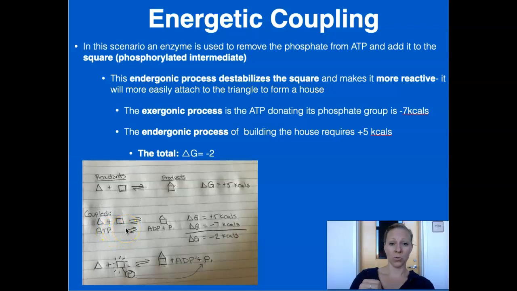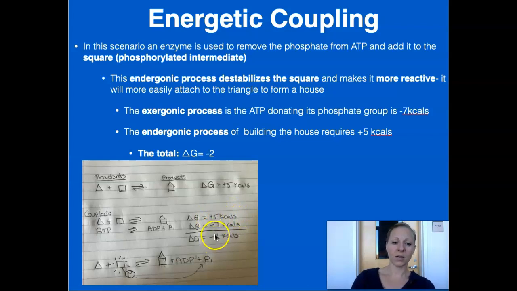And so in order to build this house, it's going to take ATP to donate its phosphate to the cause. If ATP gives its phosphate group, it's going to release 7 kilocalories, or delta G negative 7. Therefore, that's going to cover the cost of building this house, because it only costs 5 kilocalories.